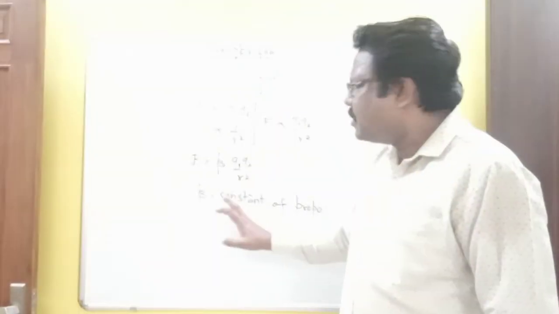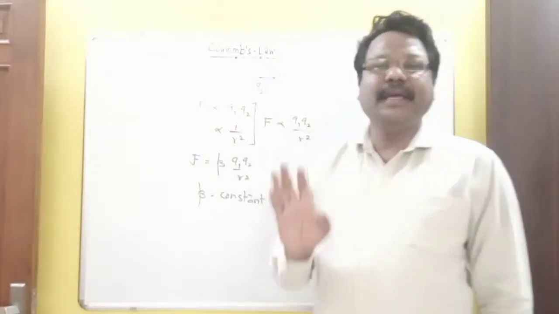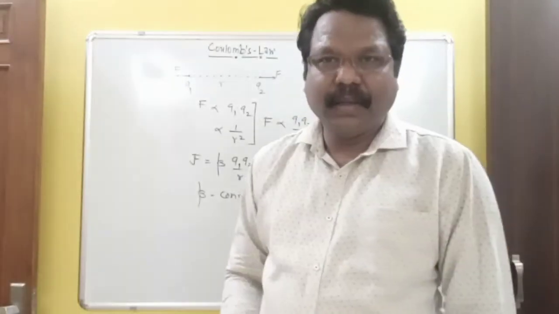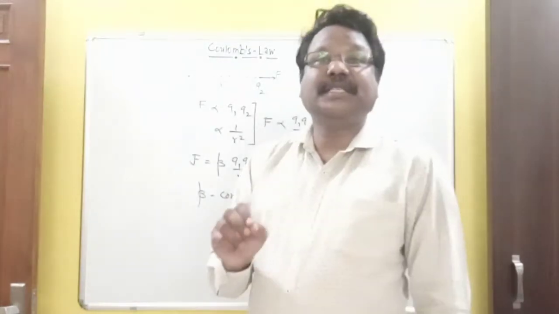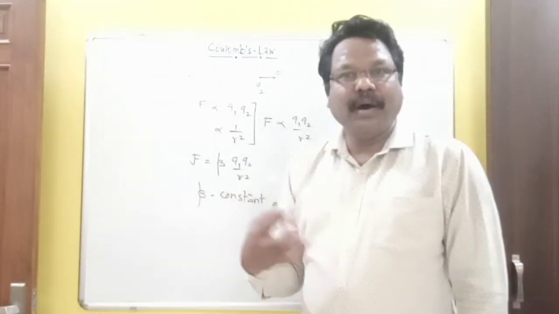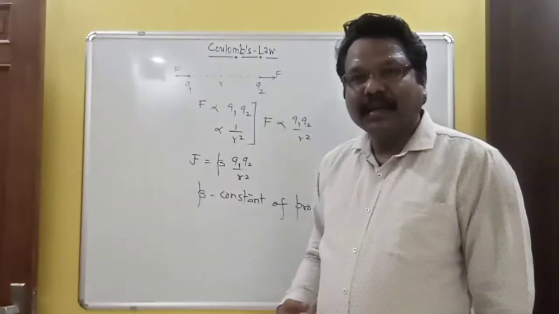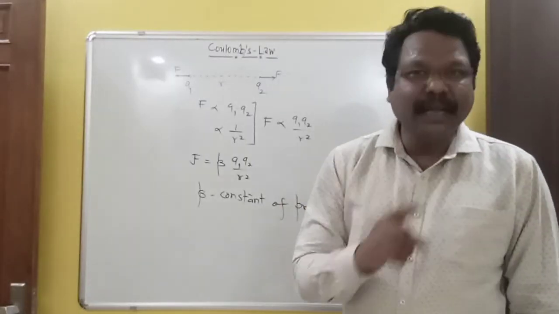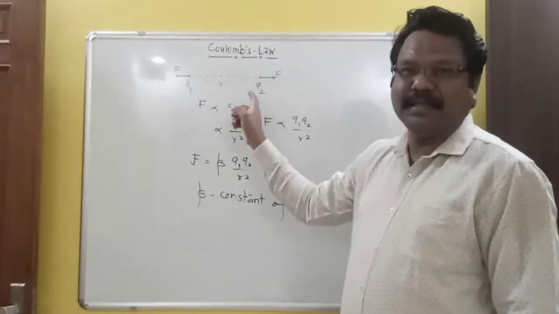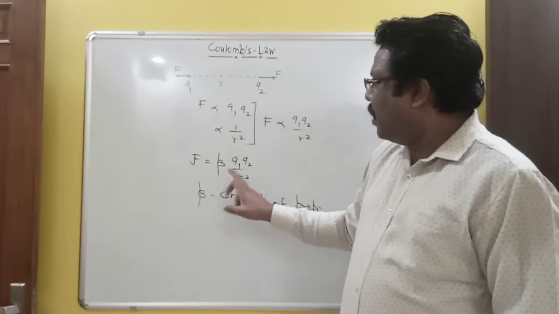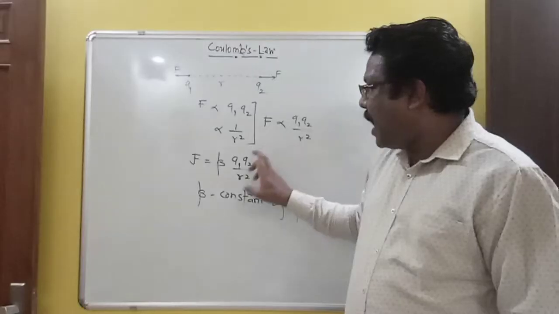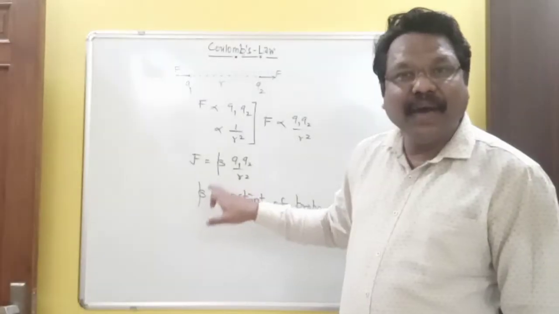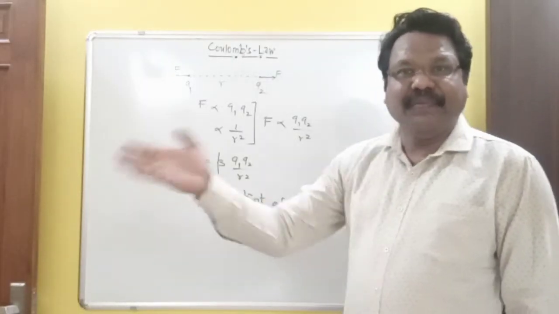Be careful, all the constants of proportionality depend upon two things. First, on the system of units in which you are having the measurement, and secondly on the medium between the 2-point charges. So here we will deal with this Coulomb force by observing the values of beta in different systems.